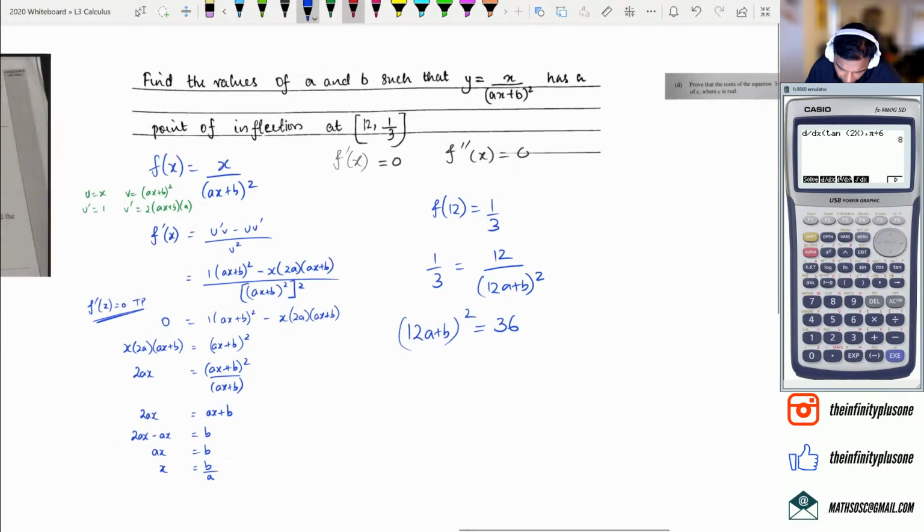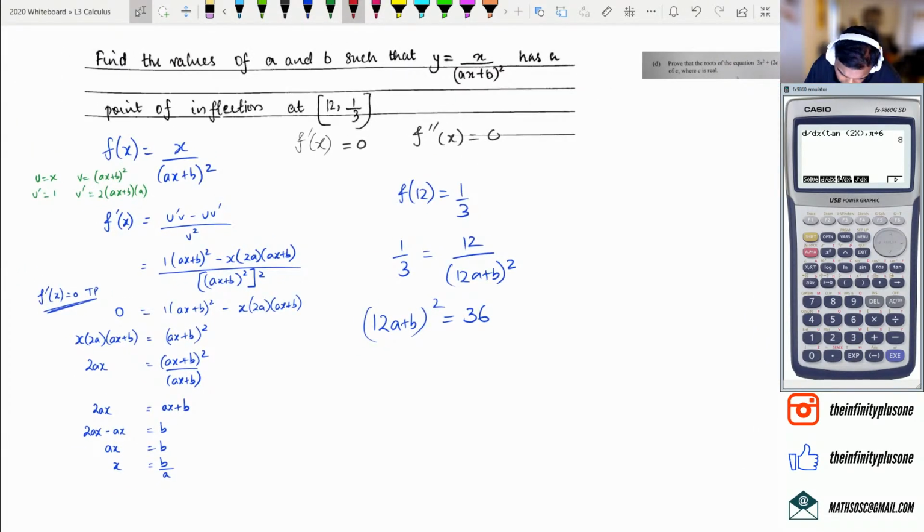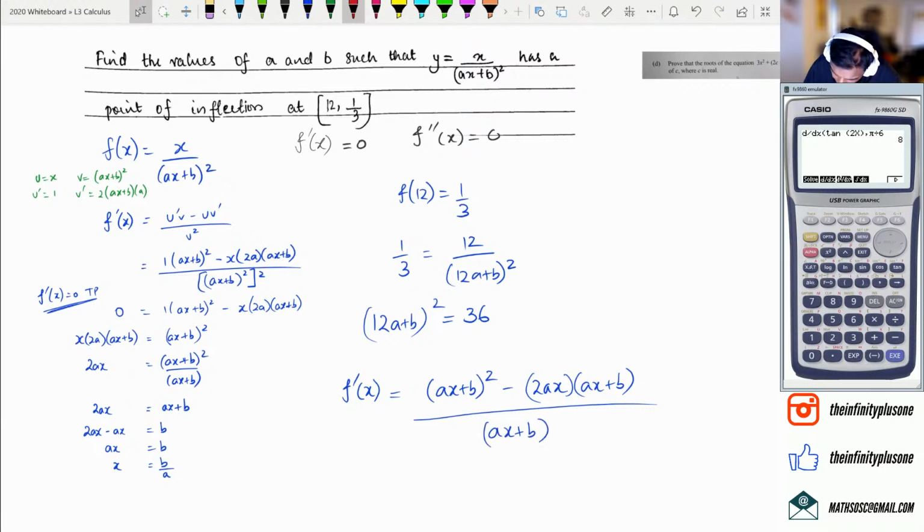Let's see what happens when we do f double dash, because f dash of x now, even though it's super ugly, is (ax plus b) squared minus 2ax multiplied by (ax plus b), and that whole thing is divided by (ax plus b) to the power of 4.